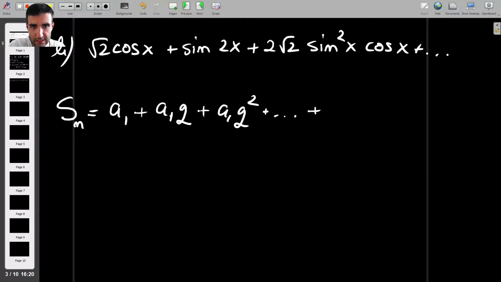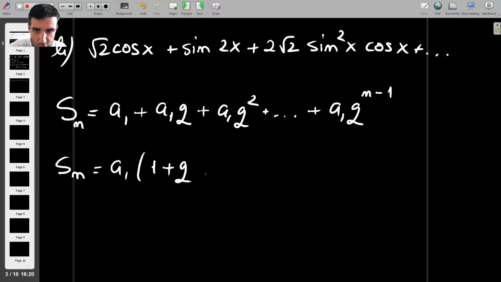If you call the sum Sn, this will be a1 q to the power n minus 1. We can now factorize a1, and this will be just 1 plus q, plus q squared, and so on, plus q to the n minus 1.